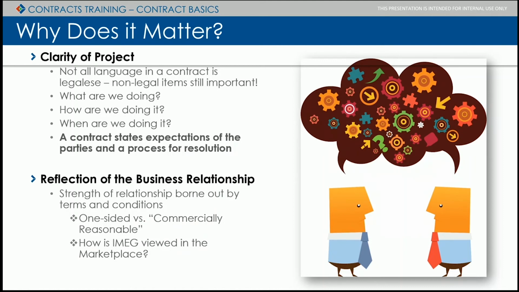Why does any of it matter? It matters because it clarifies. There are a lot of non-legal things in contracts, as you well know. When we go through the process of reviewing, there are a lot of things that I don't look at that are based on the business aspect. The scope of work, for instance.